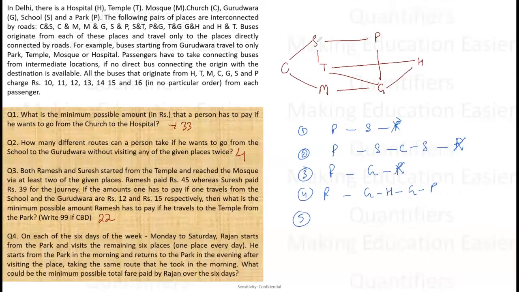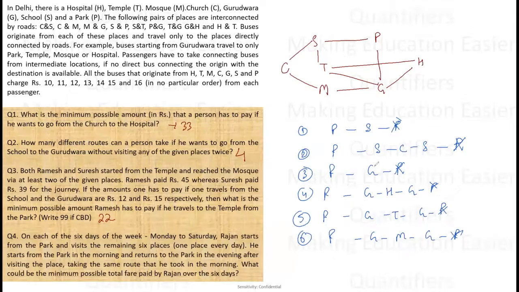Fifth point includes T, PGT. P, G, T, G, P. Right. OK. Done. So P is again not counted. Mind it. OK. The last is M. P, G, M, G, P. P is again not counted.